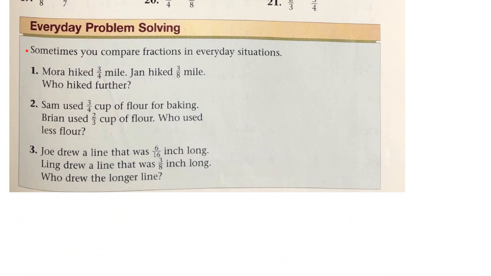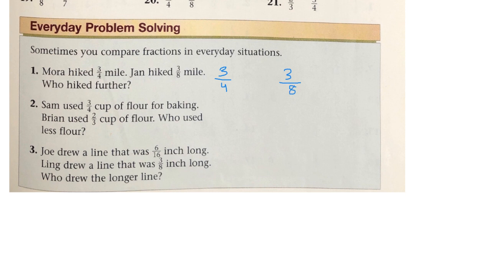Sometimes you can compare fractions in everyday situations. Maura hiked 3/4 mile, Jan hiked 3/8 mile. Who hiked further? So which one was greater or less, or is it equal to? So we can make them into equal fractions. 3/4 and 3/8.